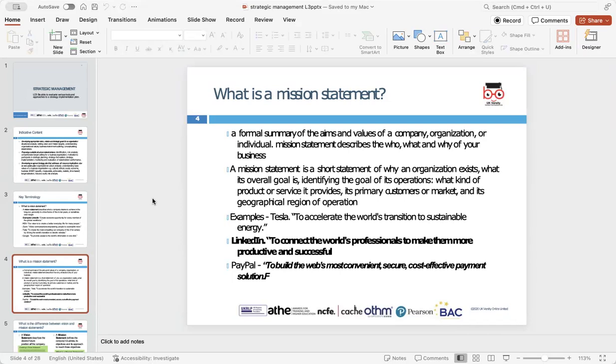Again, if you look at Tesla, its mission statement is to accelerate the world's transition to sustainable energy. This is a clear reflection of what Tesla does and how it plans to create value. LinkedIn's mission statement: to connect the world's professionals to make them more productive and successful. Another example is PayPal, which aims to provide convenient and secure payment solutions, which defines its core business objectives and the value it provides.